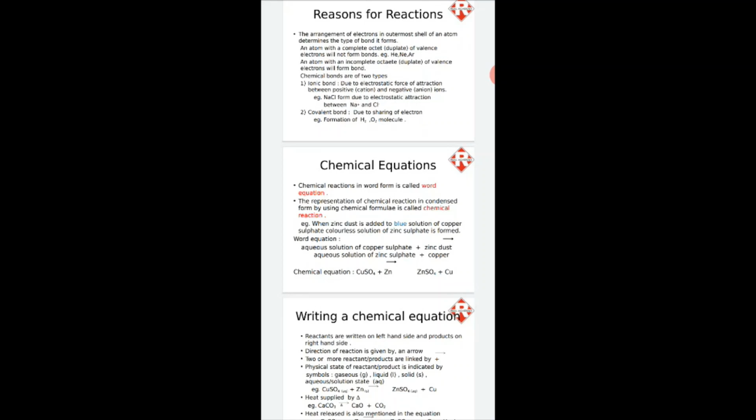So sodium donates 1 electron and chlorine gains 1 electron. Due to gaining 1 electron, chlorine forms a negative ion, called an anion. So sodium becomes positive and chlorine becomes negative.